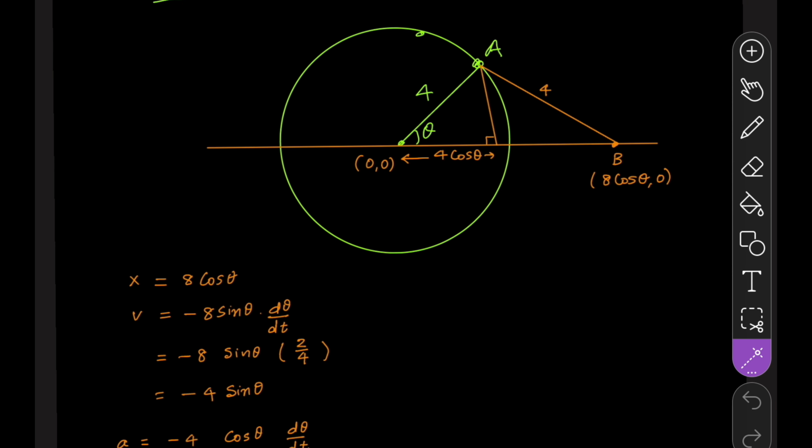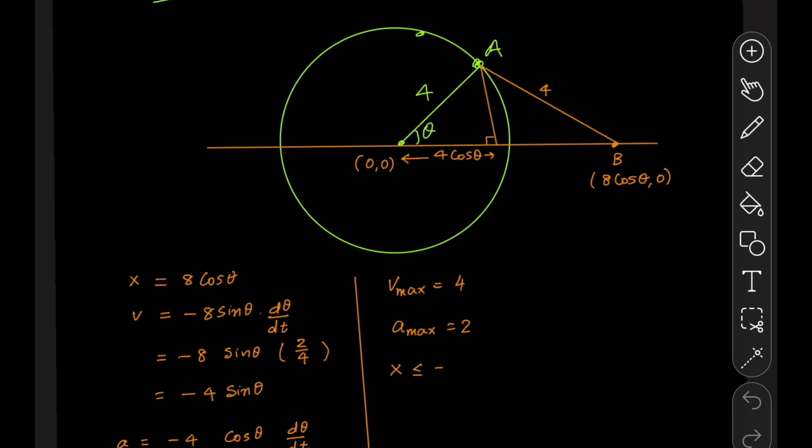From these expressions, we can easily find the maximum values of v and a. So v maximum is 4. This you can easily see. The maximum value of this expression is 4 when sin theta is minus 1. And the maximum value of a will be 2 when cos theta is minus 1.